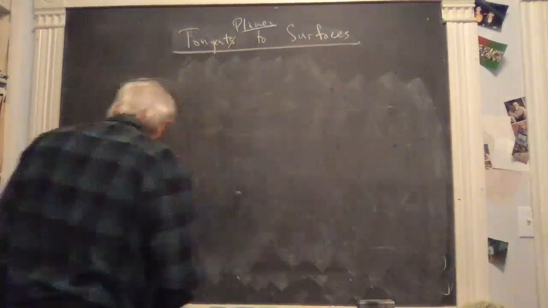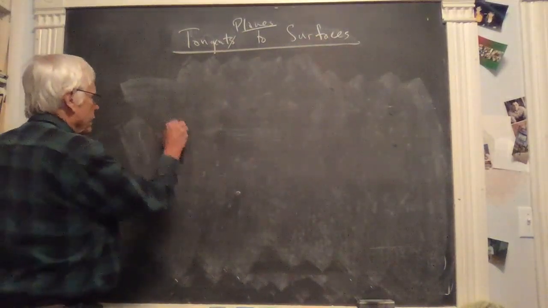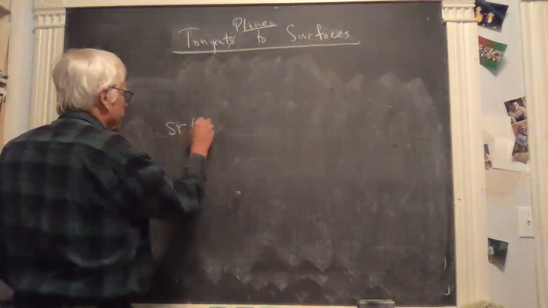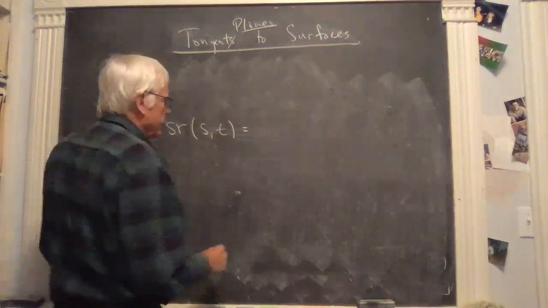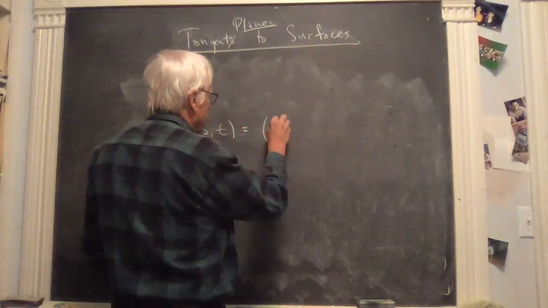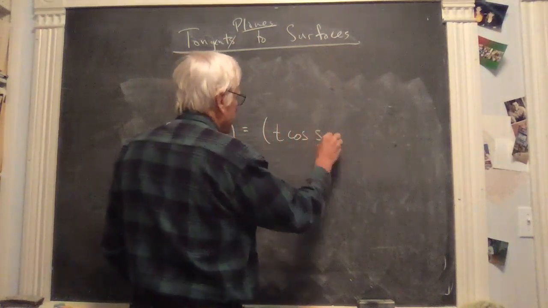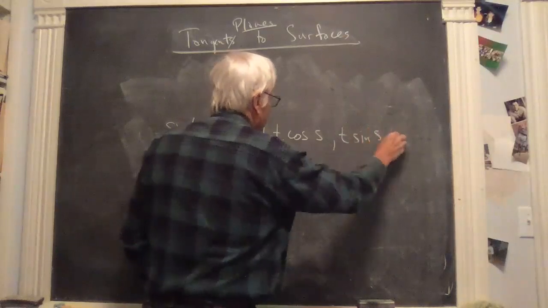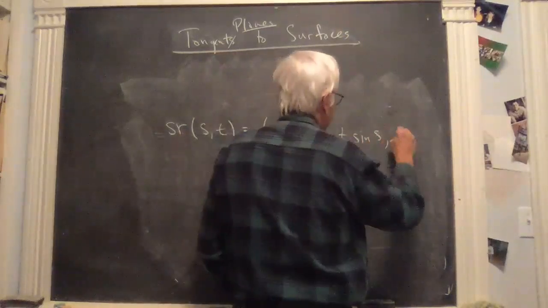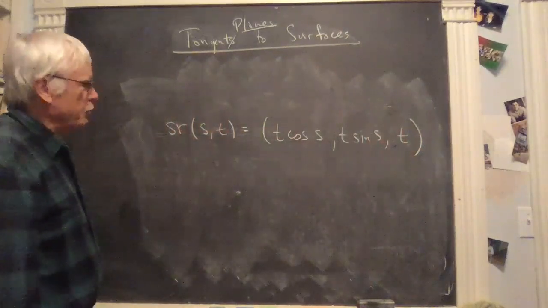So let's take a surface, for example, surface of S and T. A surface has two variables, and maybe this is T cosine S, T sine S, and then T. So here, this will give a surface.